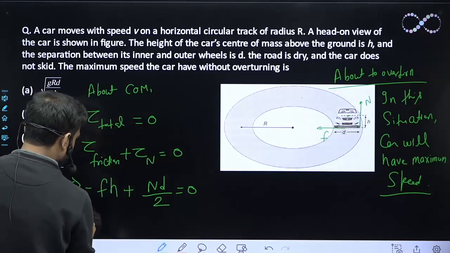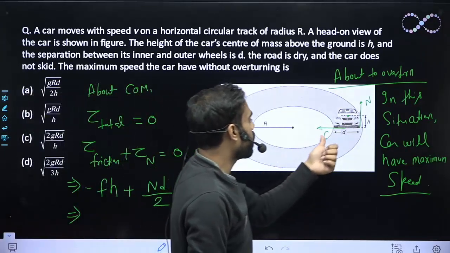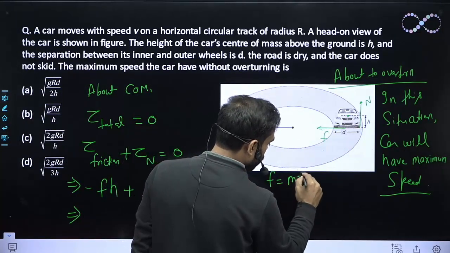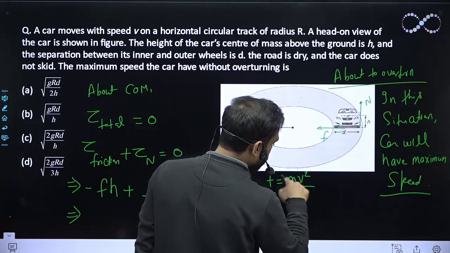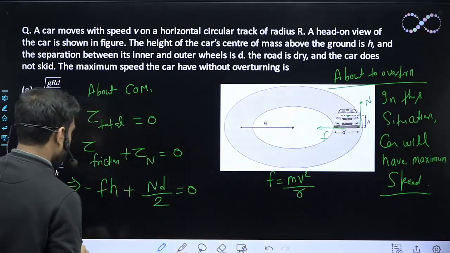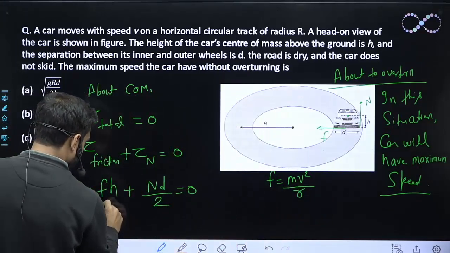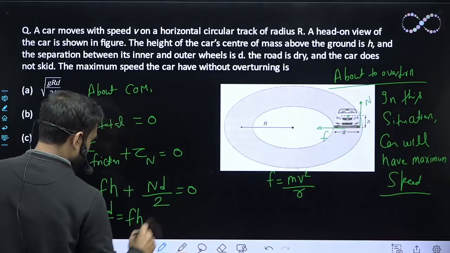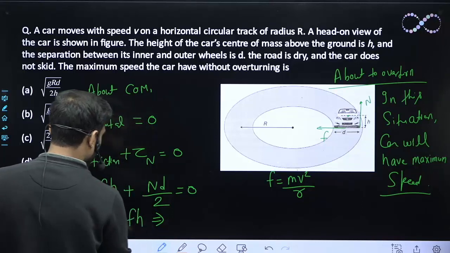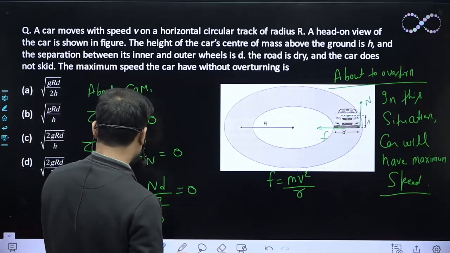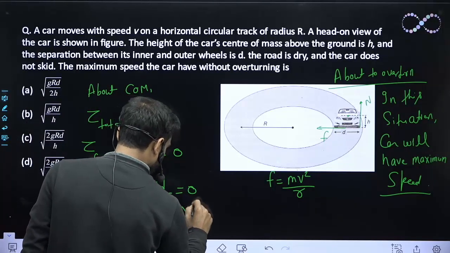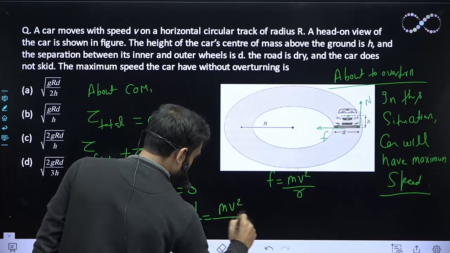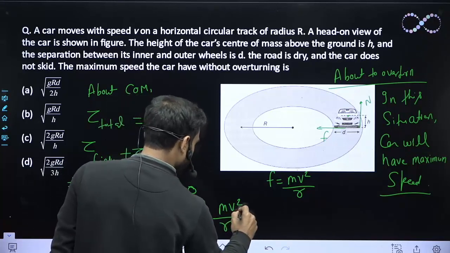Now the friction is providing the centripetal force, so friction is equal to mv square upon r. Substituting the value of friction, N d upon 2 is equal to F h, which gives N d upon 2 equal to mv square upon r into h.